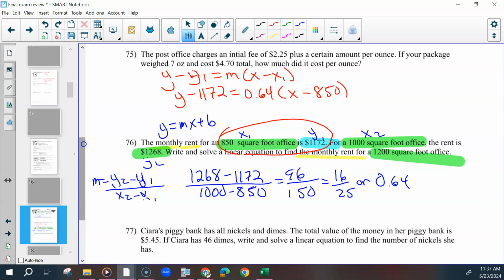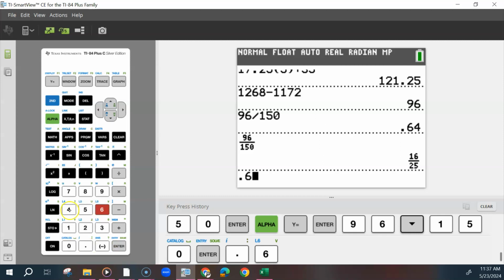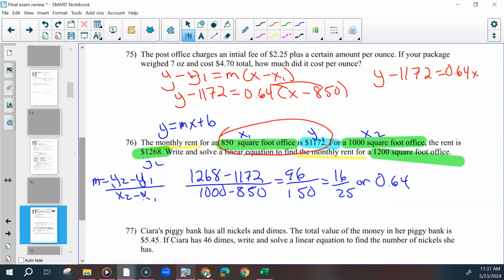Then we can start to find our equation. Distribute. And then add 1,172 to both sides.